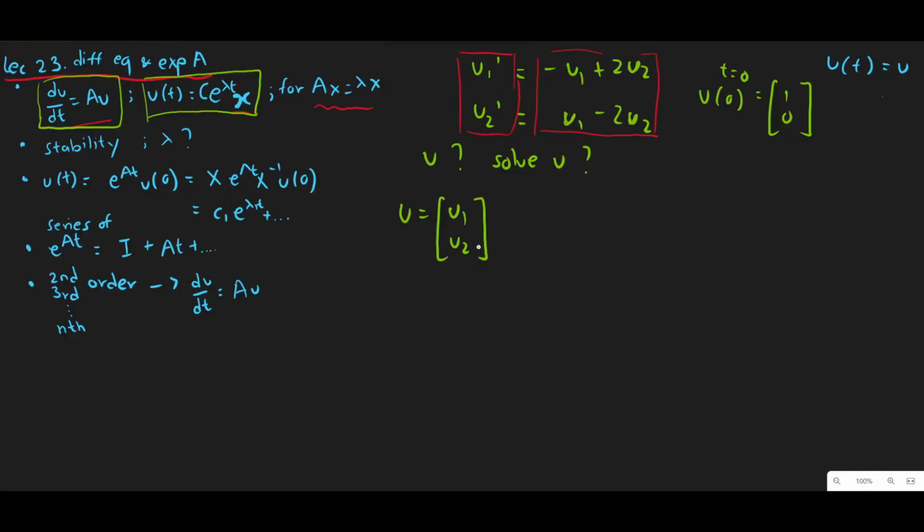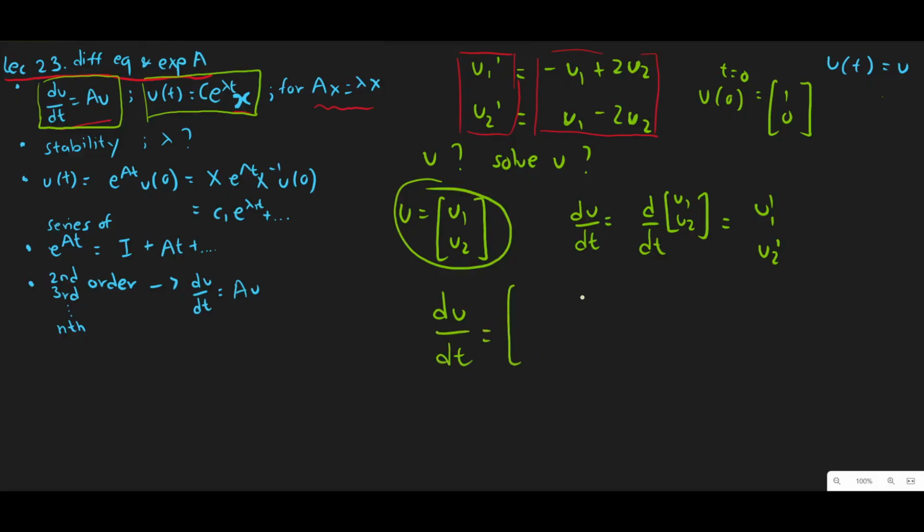These are all u. So when we set du over dt, it's actually the derivative of u1 and u2 over dt, so this will be u1 and u2 prime, or the derivatives of them. We can express this as our matrix A times the vector u1, u2.